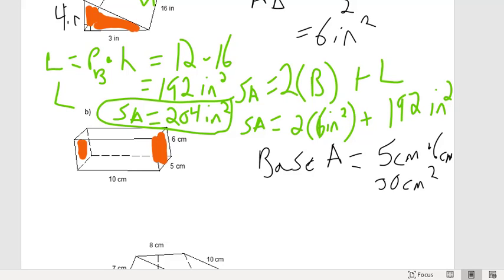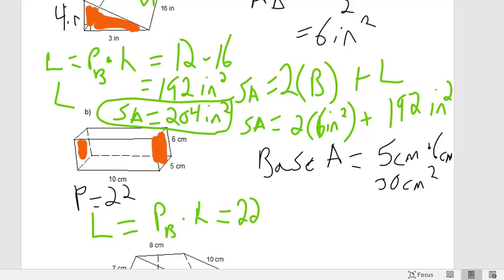All right, our perimeter of that rectangle on the base, 5 plus 5 plus 6 plus 6, so 22. All right, and we can plug that in. So the lateral area is the perimeter of the base times the height of our prism. So it is going to be 22 times 10, which is 220 centimeters squared.